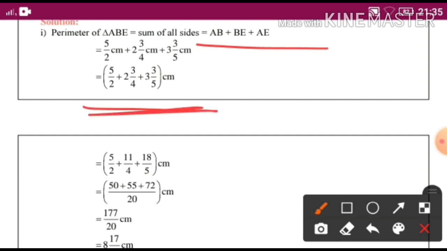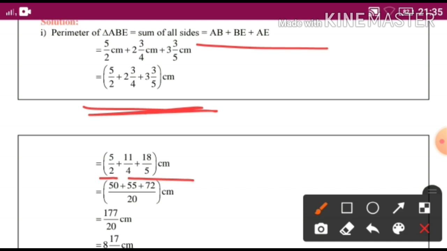It is a mixed fraction, so let us first change it into an improper fraction. 5 upon 2 will be written as it is, then 11 upon 4 plus 18 upon 5 centimeters. Now the denominators are not the same, so first we have to make them the same.